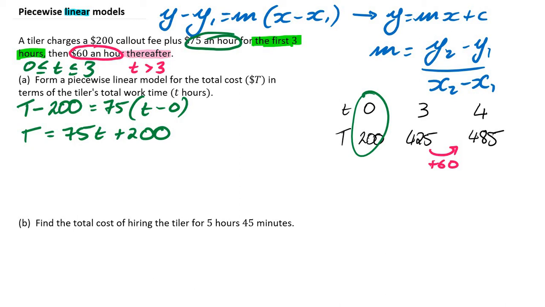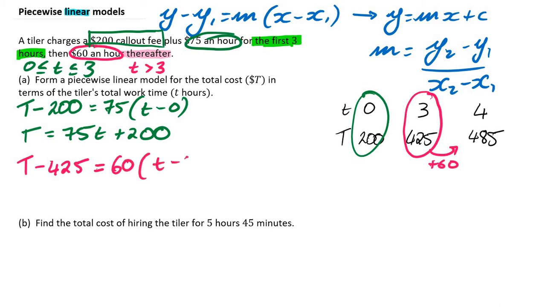The y-intercept for our first function is this $200 call-out fee. For the second function, let's use this value. So C minus 425 equals 60 times t minus 3.